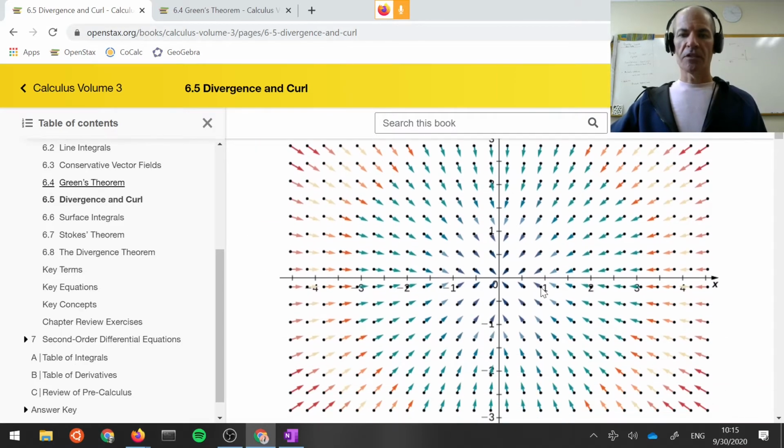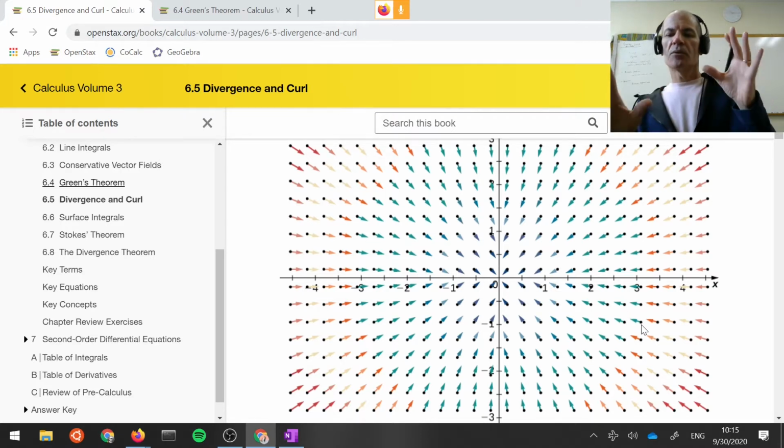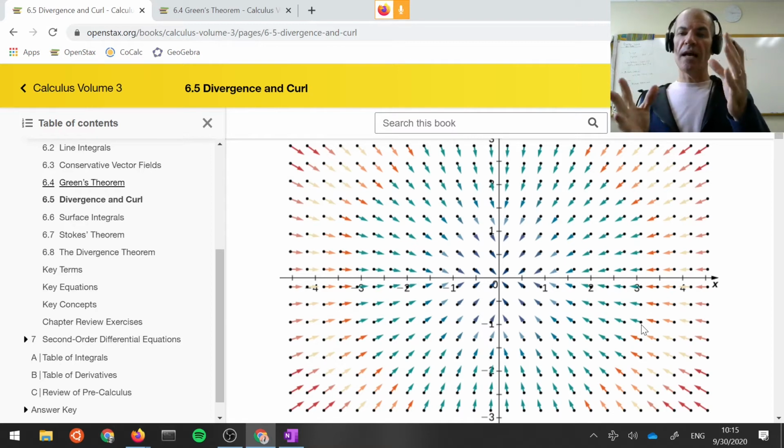All right, so here we see a vector field. Here it's probably got a negative divergence, but maybe over here it's not quite as obvious what's going on, because we have stuff flowing into this point from, say, the lower right, but stuff flowing out of the point to the upper left. So the divergence is going to measure the net flow in and the net flow out and give you a net value.